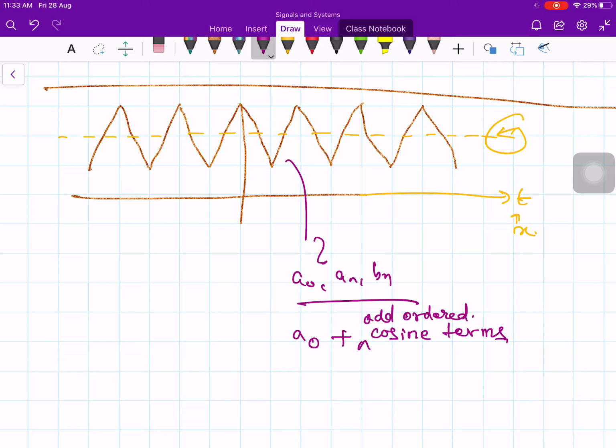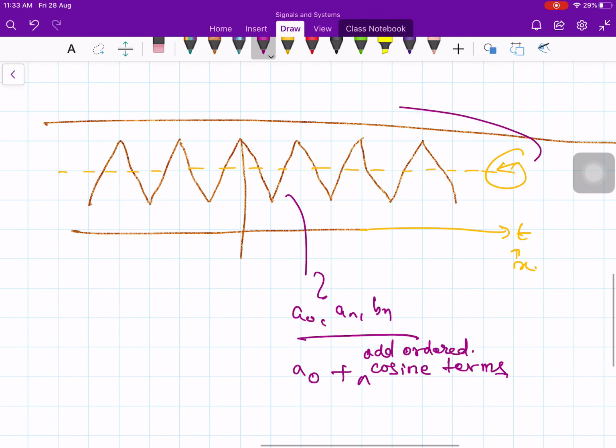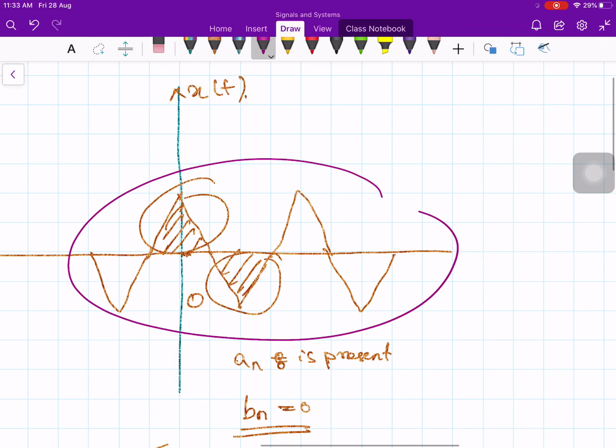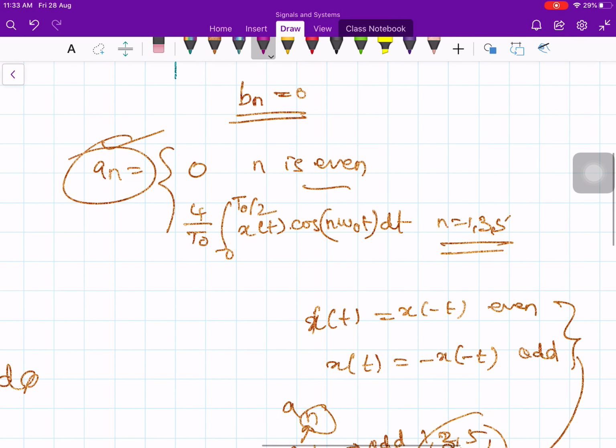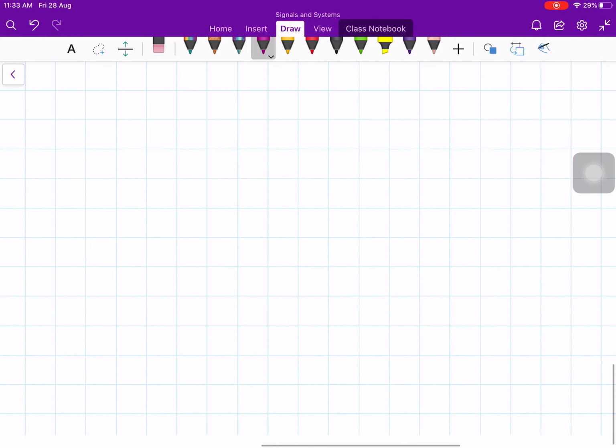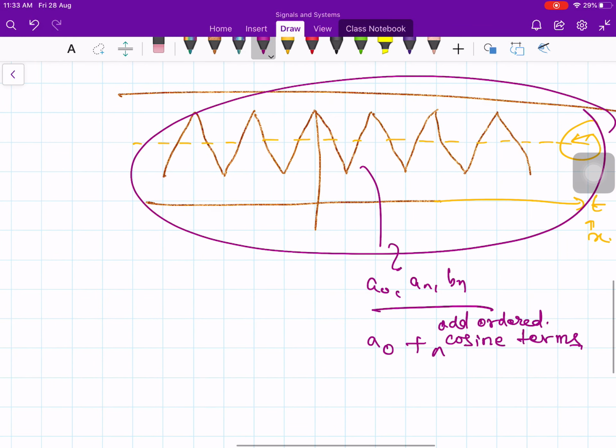Look at this waveform carefully. The only thing is the waveform is shifted up, therefore it has a DC value, but the rest of the things are applicable here. Therefore this waveform is an even waveform, therefore Bn is equal to 0. Here the DC value is not 0.